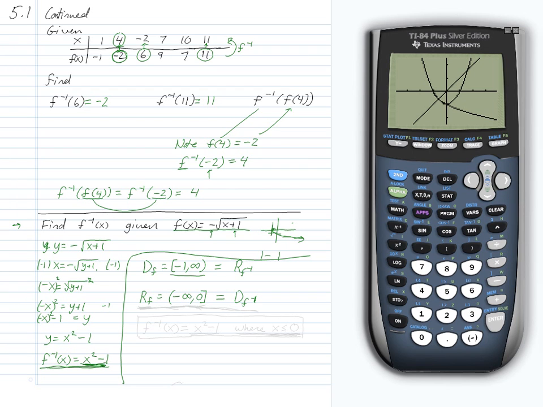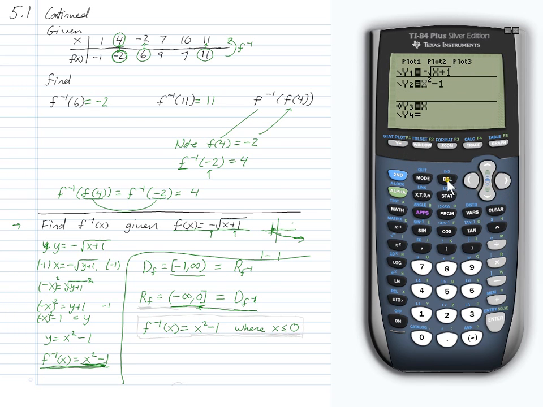So the only thing that we need to do is say f inverse of x is defined to be x squared minus 1, where x is less than or equal to 0. In other words, we need to express this restriction on the domain in the definition of the inverse function that we are supplying. So this restriction on the domain, saying that x has to be negative, or non-positive I should say, that is a requirement because the range of our original function had a restriction.